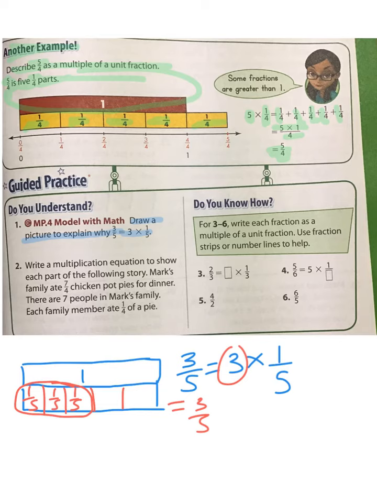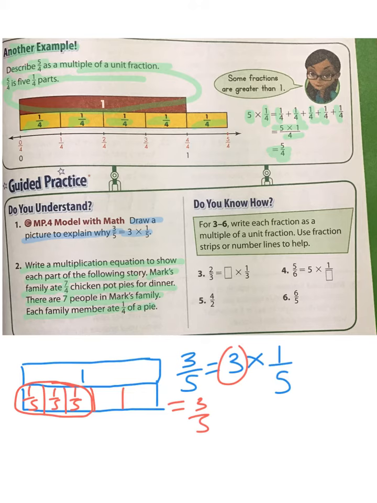All right, number 2. Write a multiplication equation to show each part of the following story. Mark's family ate 7/4 chicken pot pies for dinner. There are 7 people in Mark's family. Each family member ate 1/4 of the pie.